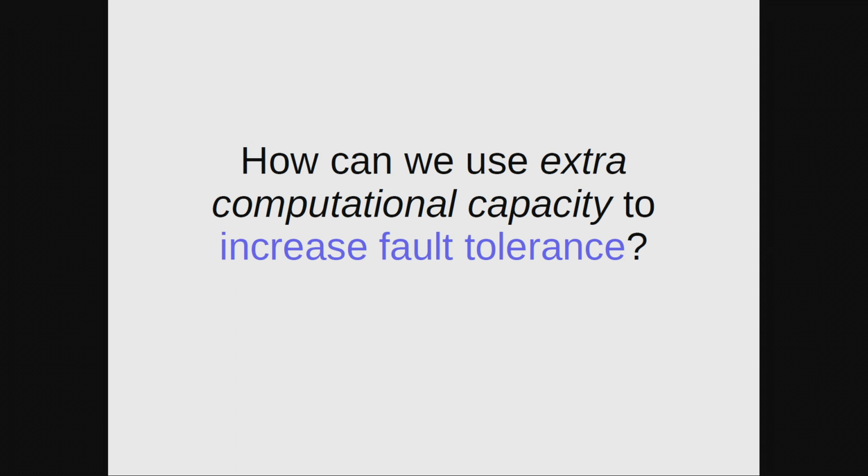So this is the first question: how can we use the extra computational capacity of these systems to increase fault tolerance? You just heard that we have FreeRTOS and CFE running on a system with 2 megs of RAM, so perhaps talking about spare capacity is not quite appropriate, but certainly many of these types of chips do have it.